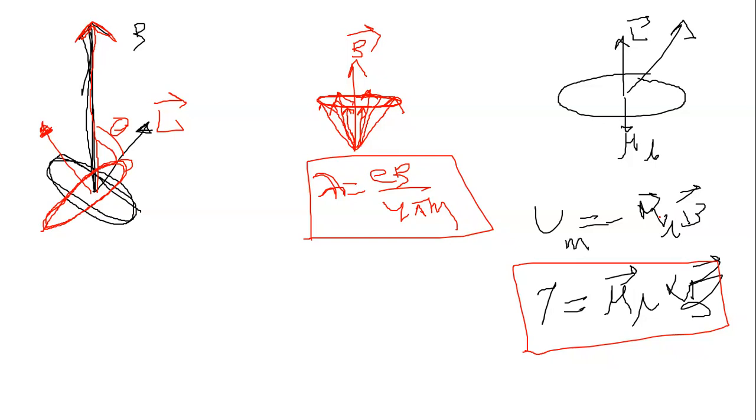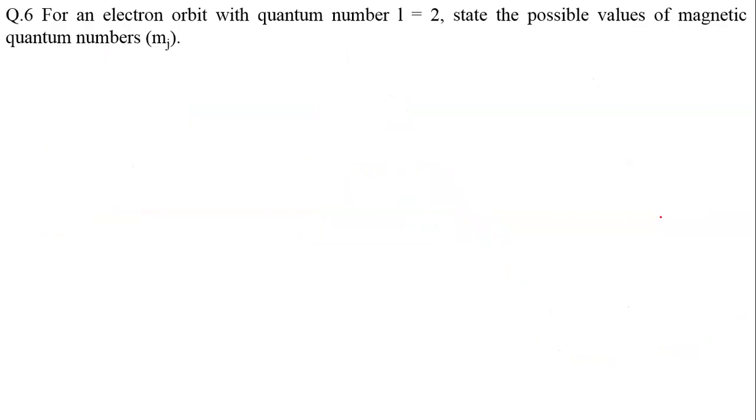So there are two new components, like the Z component, because Z is the direction of the external magnetic field. The Z component is again expressed in terms of ML and MS. For orbital it is ml and for spin it is ms. So there are two new quantum numbers in the presence of a magnetic field.